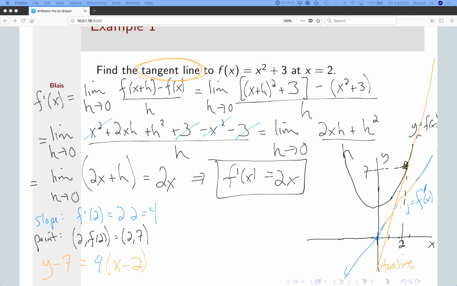So this answers the question, but it's important to recognize, again, that this derivative at any point on the function, if you want the slope of the tangent line, you need only go down to the derivative value at the same x.